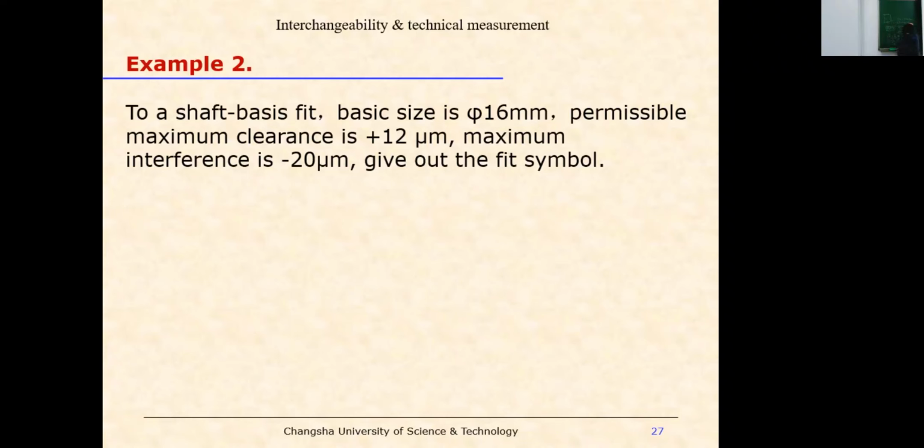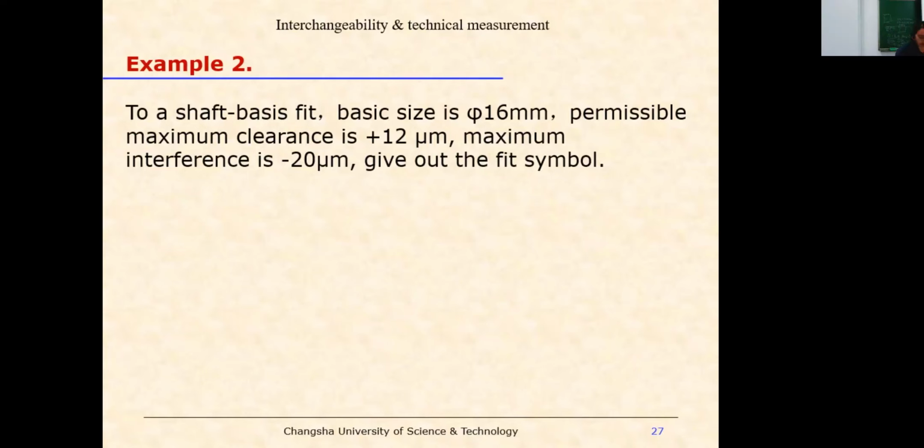So it's equal or smaller than 12, right? So ES 1, right? So from the table you can check which one is close to the 1. For the hole 16, you can get minus 7 plus delta.